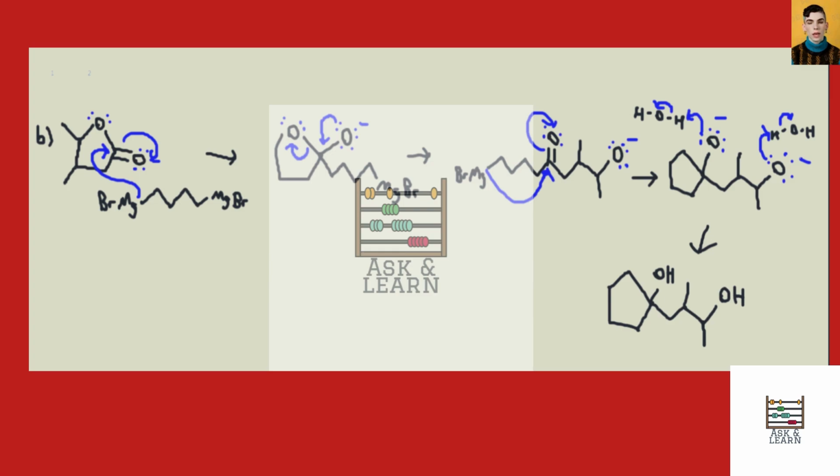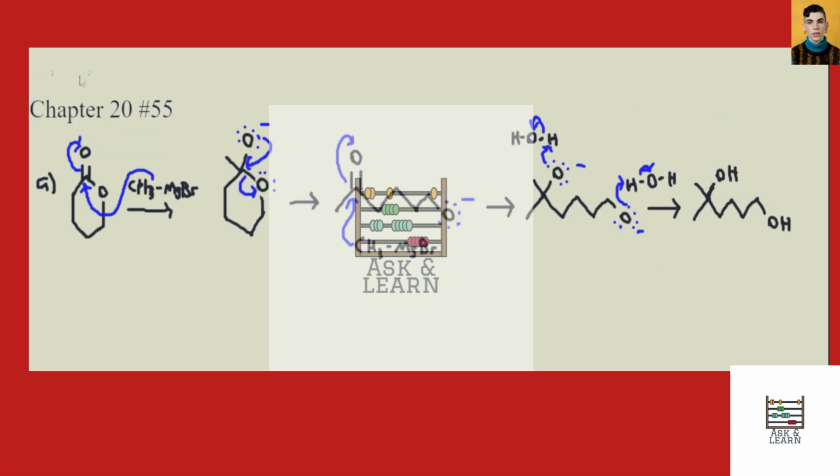Okay, so there we go. And in both of these, the common theme was the Grignard reagent is going to attack the carbonyl carbon. That alkoxide that forms is actually going to close back down and reform that double bond, which is going to break the bond between the carbon and the other oxygen in the lactone and open the lactone up.